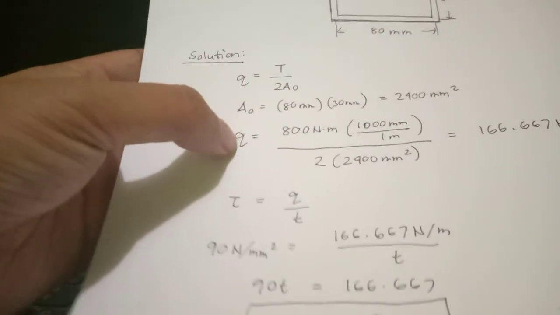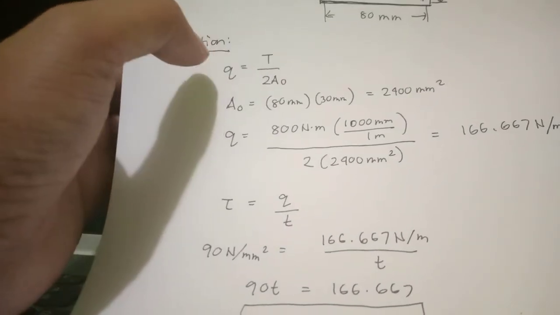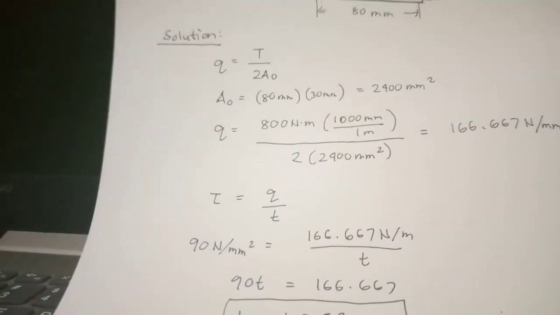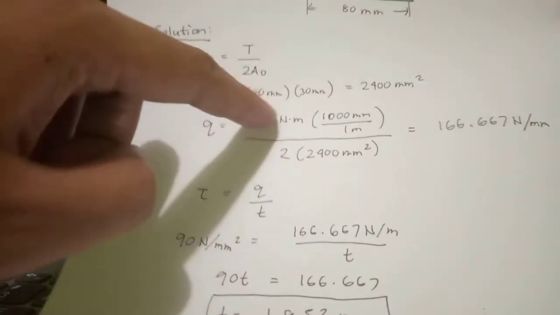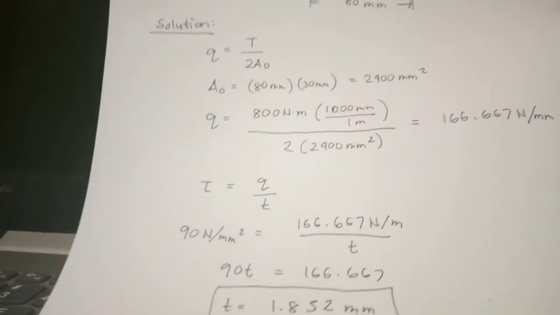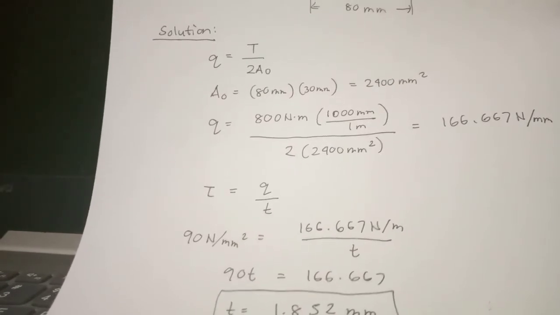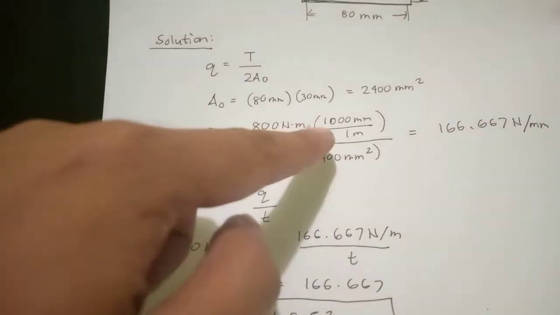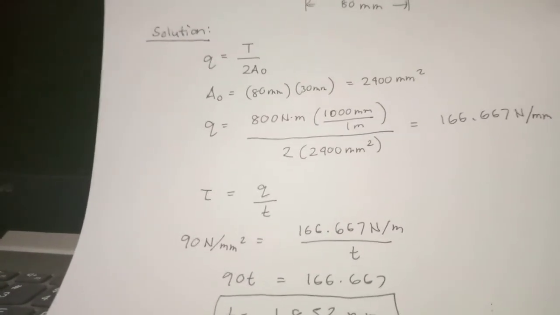Speaking of q, we compute the shear flow by this formula, T over 2A sub O. I convert this 800 Newton meter into Newton mm by multiplying by 1,000 mm over 1 meter, so that we have a uniform value for the length.